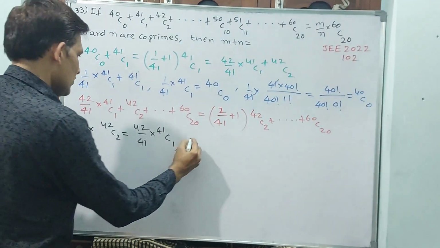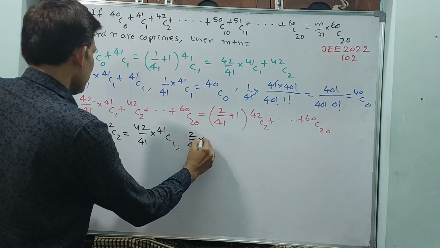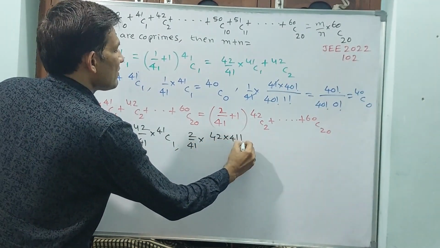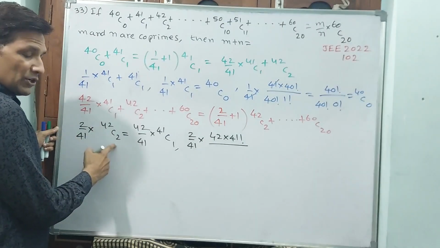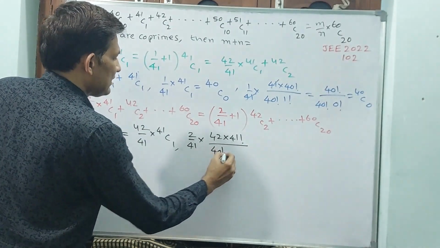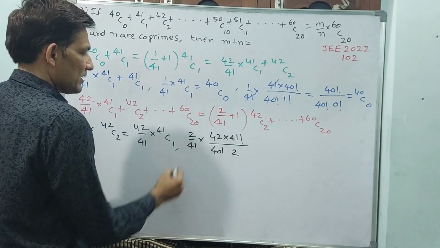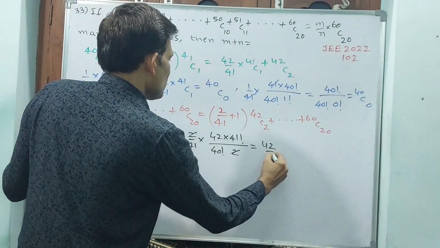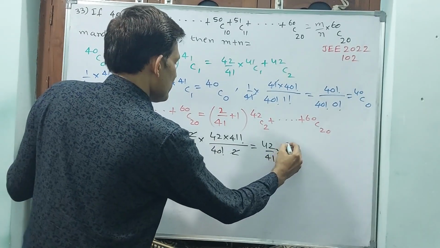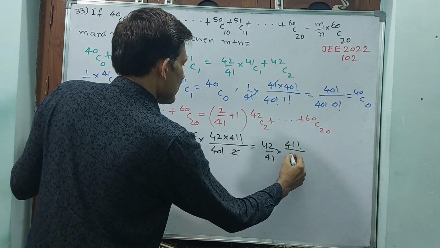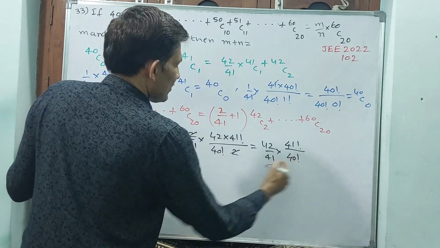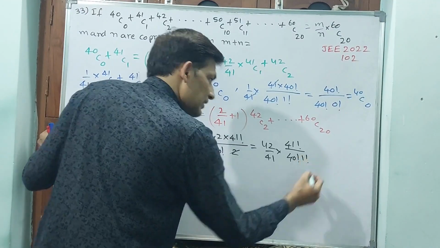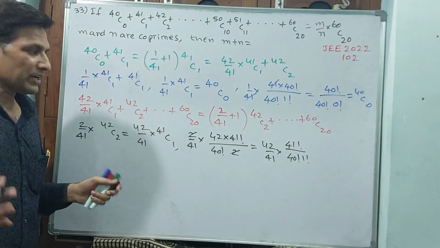See how I am writing: 2 by 41 into 42C2, that is 42 into 41 factorial by 42 minus 2, 40 factorial into 2 factorial. The 2 you cancel out. That means 42 by 41 into 41 factorial by 40 factorial. Here you can take 1 factorial, and 1 factorial is 1.